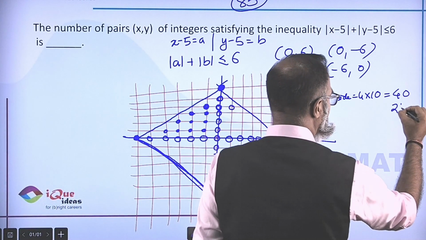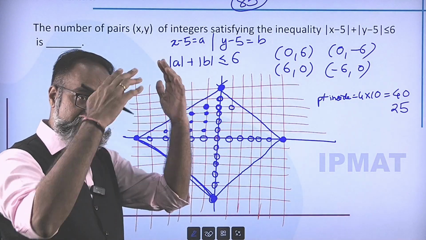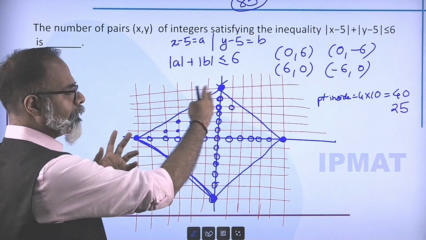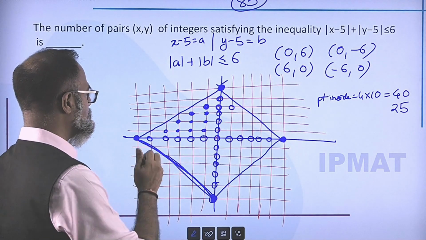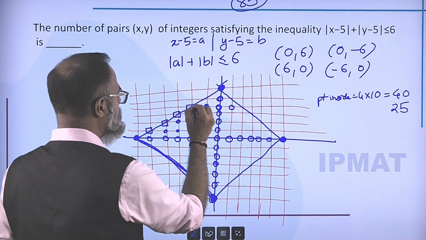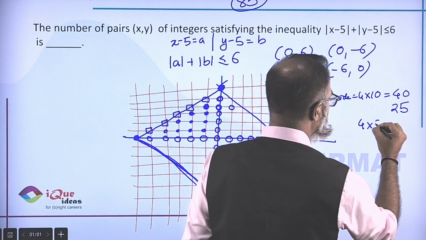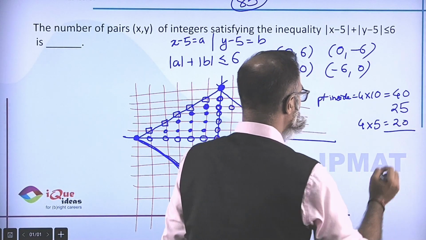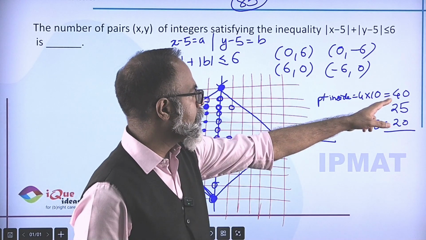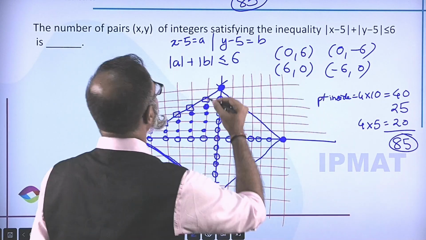So I get 25 points on the axis and then just the borders. So 1, 2, 3, 4 and 5. So 4 times 5 is 20. Those are all the points. 40 plus 25, 65 plus 20, I get a total of 85.